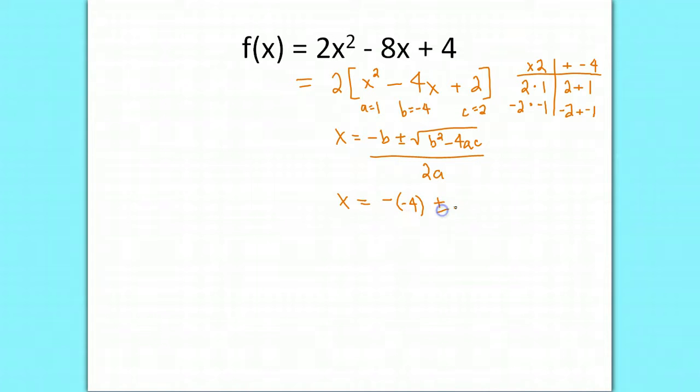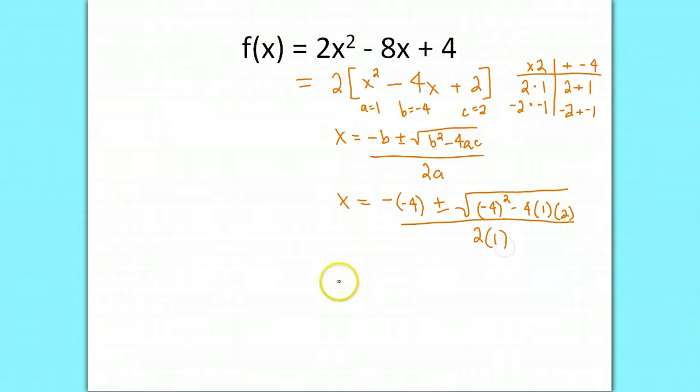So we're going to have plus or minus the square root of b squared, so negative 4 squared, minus 4 times a times c, all over 2 times 1, 2a.